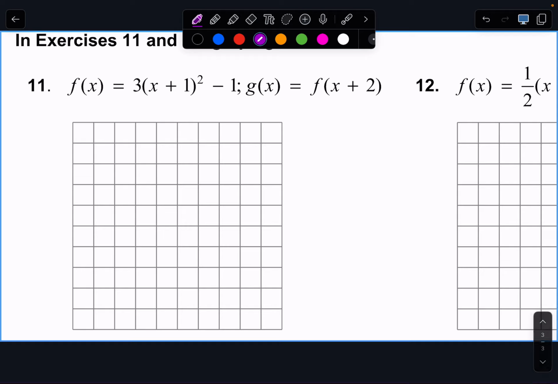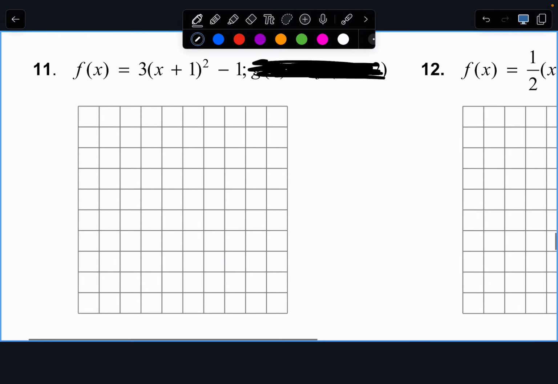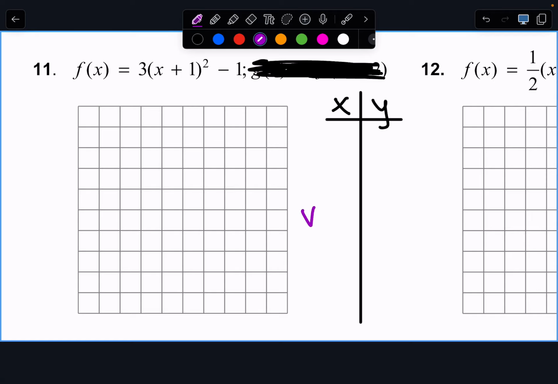What I want you to do is I just want you to cross this g of x out in number 11. And we're going to graph f of x. Okay, so I want everybody to just write down V for vertex and write down what you think the vertex is.